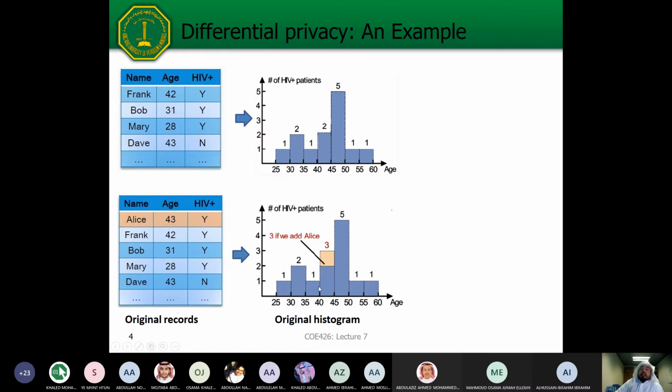And by some background knowledge, you know that Alice is in that neighborhood, a patient in that hospital, who happened to be 40 to 45 years old, then you definitely know she is HIV positive, right?